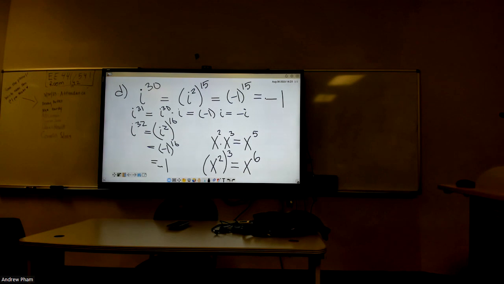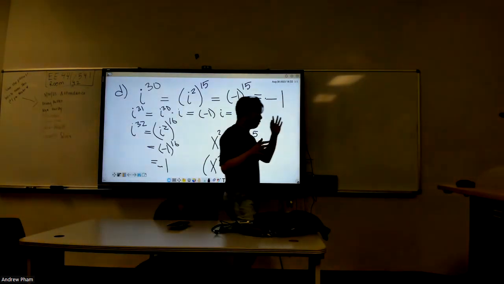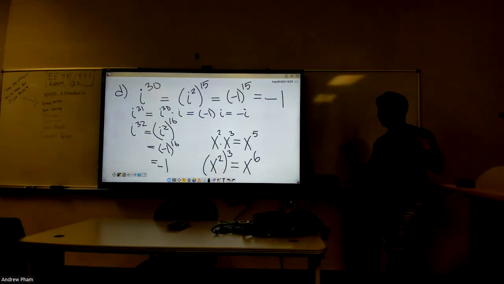So the point I'm trying to get at is that anytime I have i to a power, a nice technique is to break it down into an even part times i, and then I know how to break down those even portions. This was just a little side exercise about how we deal with higher power imaginary numbers.